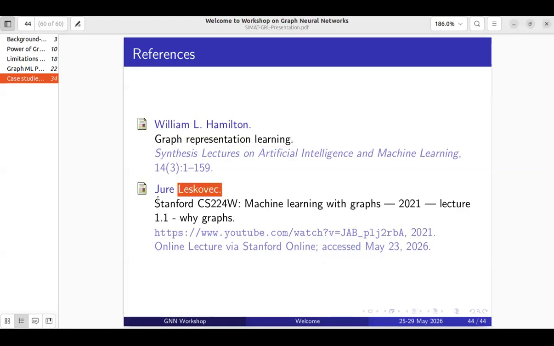So this online resource is available. Basically, you should be comfortable in deep learning. Then you can easily understand the graph representation learning concepts.